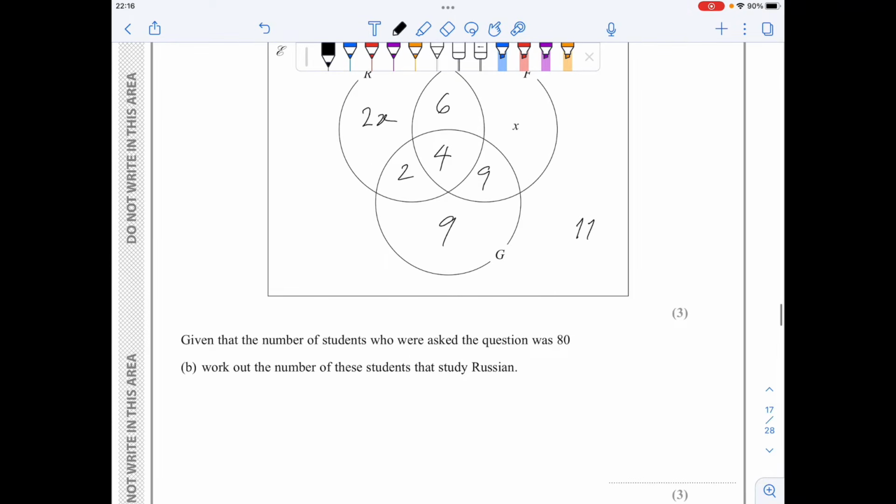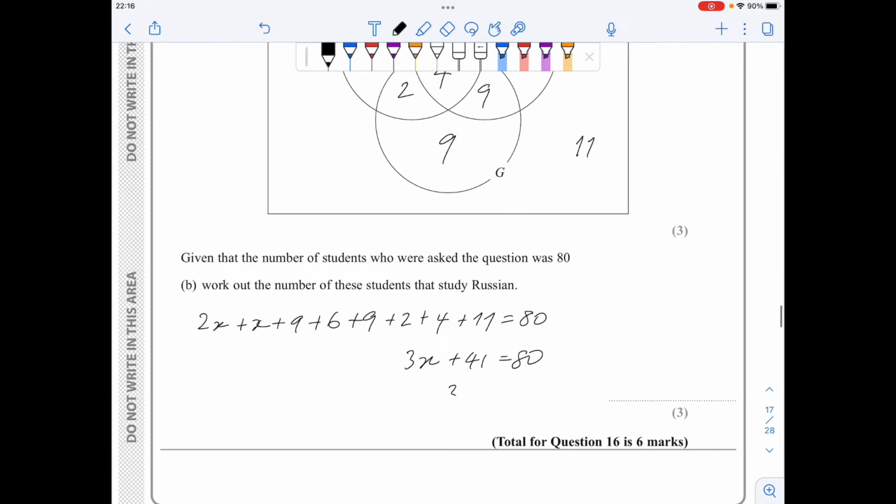Now in part B, I'm being told that the total number should be 80. So 2x plus x plus 9 plus 6 plus 9 plus 2 plus 4 plus 11 is equal to 80. So 3x plus 41 is equal to 80. 3x is equal to 39.